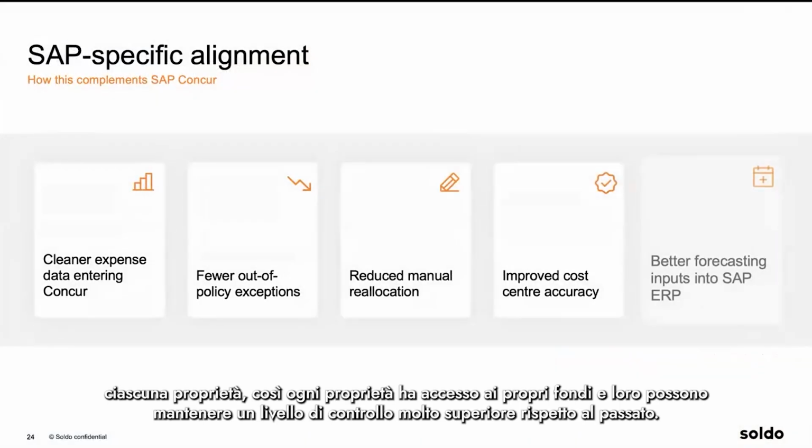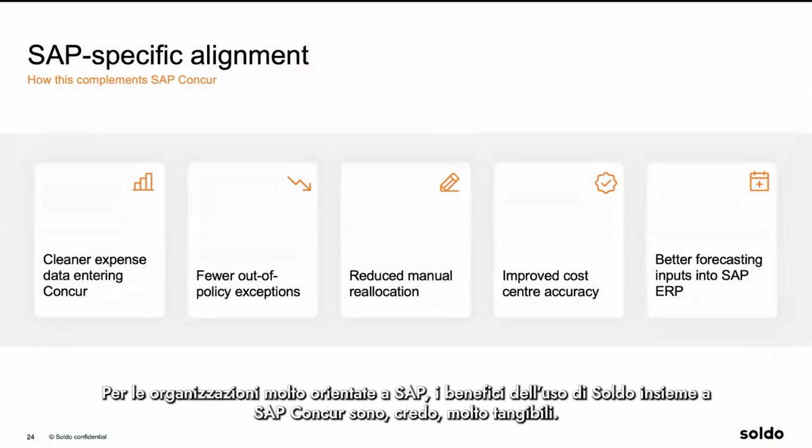So for organizations that are SAP heavy, the benefits of using Soldo alongside SAP Concur are, I think, highly tangible. Expense lines that enter Concur are already pre-aligned to a cost center. They're within defined budgets and supported by live visibility.